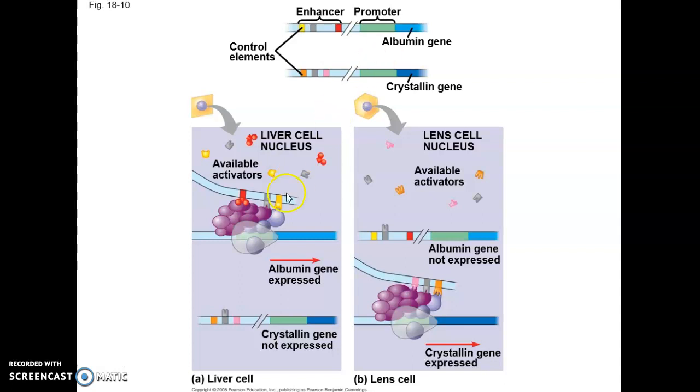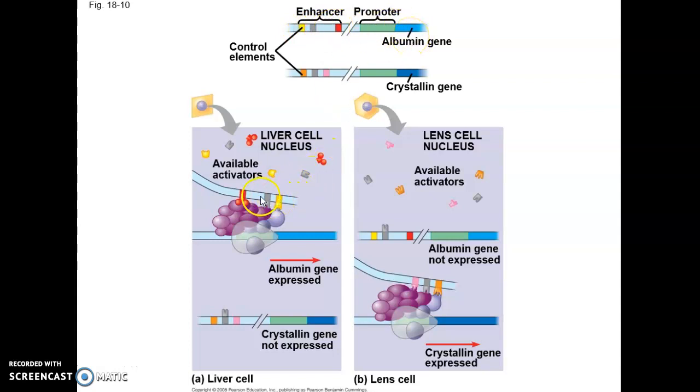So looking at the left side first, the left side has these particular activators present in the cell. Those ones fit perfectly with the control elements that are with the albumin gene.